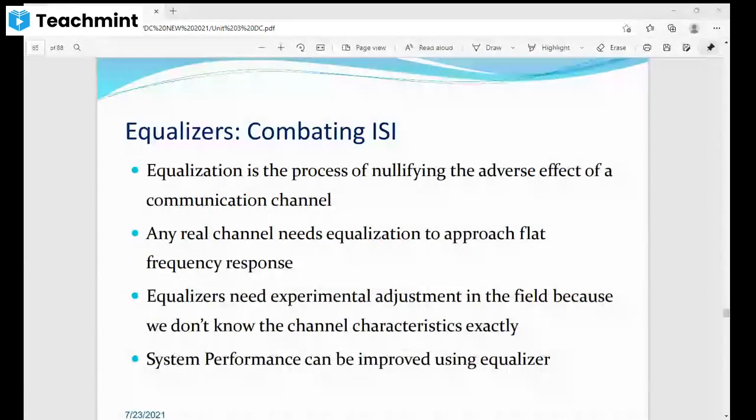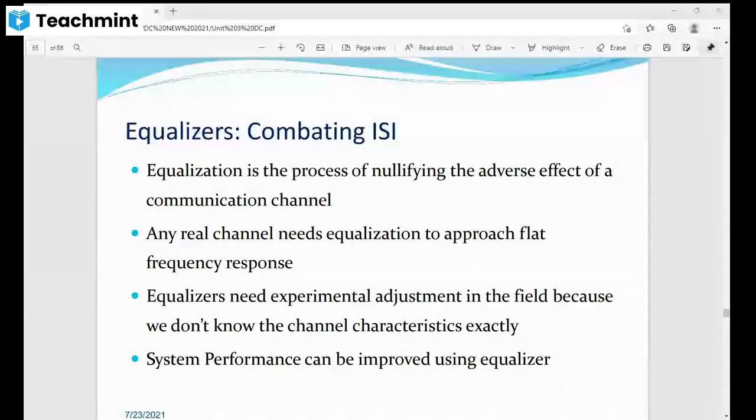And the most frequently occurring loss is the ISI, that is inter-symbol interference. To make the signal free from ISI and ensure maximum signal to noise ratio, a signal free from noise will get maximum SNR.